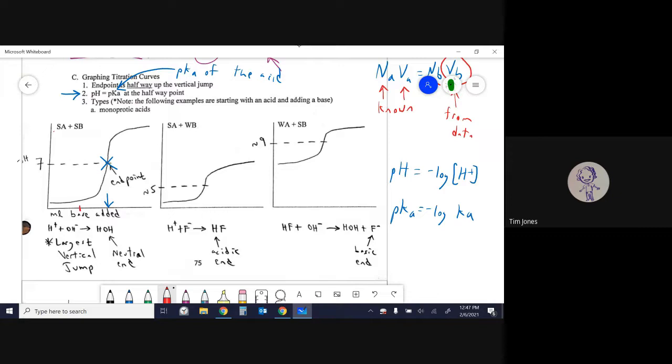If you read the graph, whatever this pH is, right here on the axis, that pH will equal the pKa of the acid that's being titrated. And that is useful because once you know pKa, you can undo the P, the negative log, and you can solve for Ka. And we will be doing that. All right, moving along.